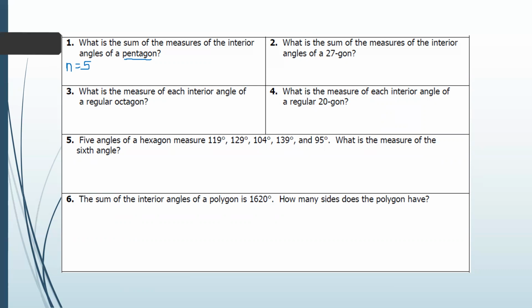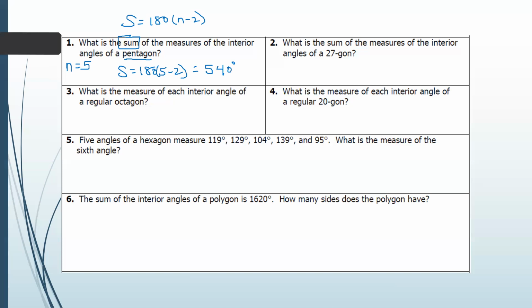Are they asking me for the sum, or are they asking me for the measure of just 1? And it says, what is the sum? So you can go back to that table if you want, but the sum of interior angles is 180 times n minus 2. So this would be 180 times 5 minus 2. 180 times 3 is 540. So the sum of the interior angles of a pentagon is 540 degrees.